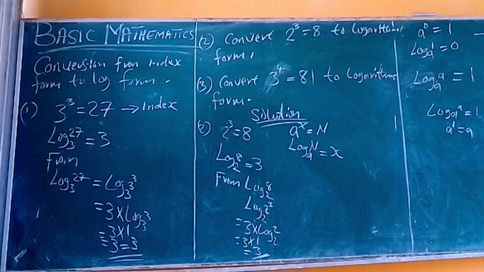You have log of 5 times 3, what are you going to have? Log 5 plus log 3. Very simple. But when I go to solve, it's going to be complicated.